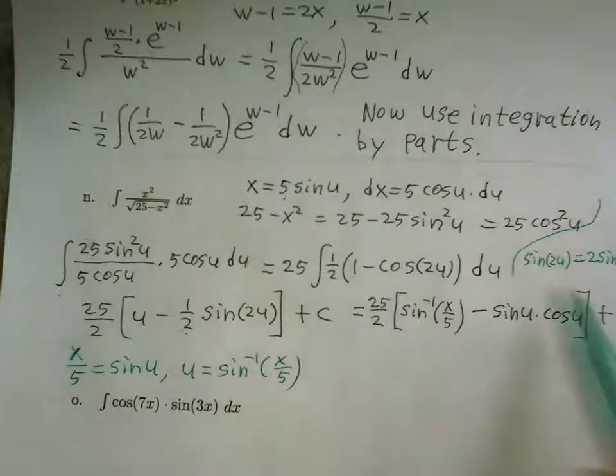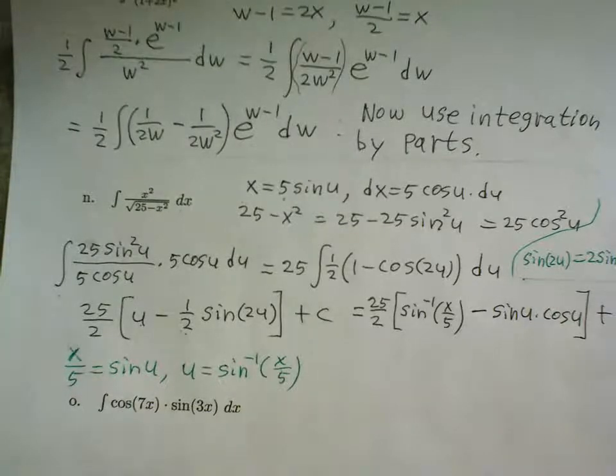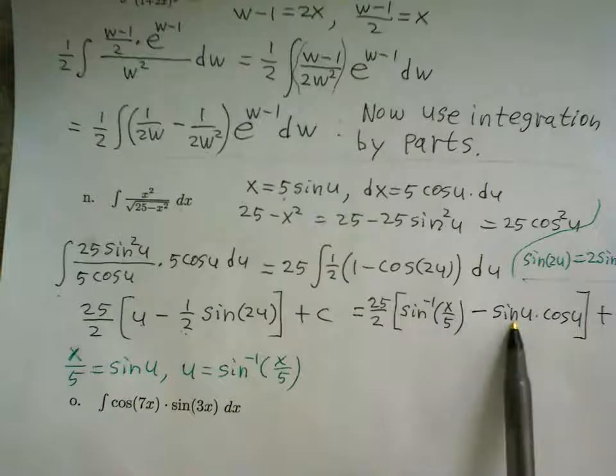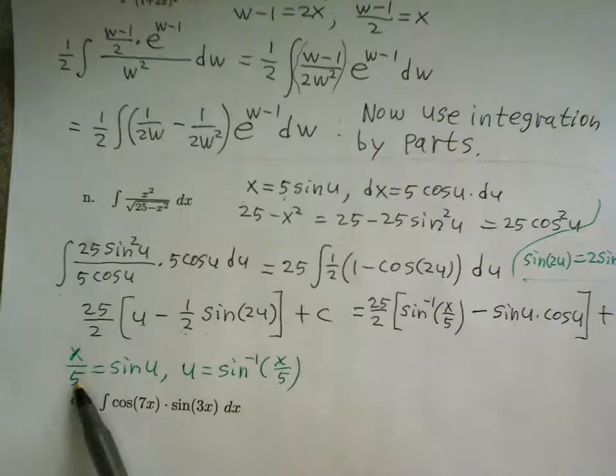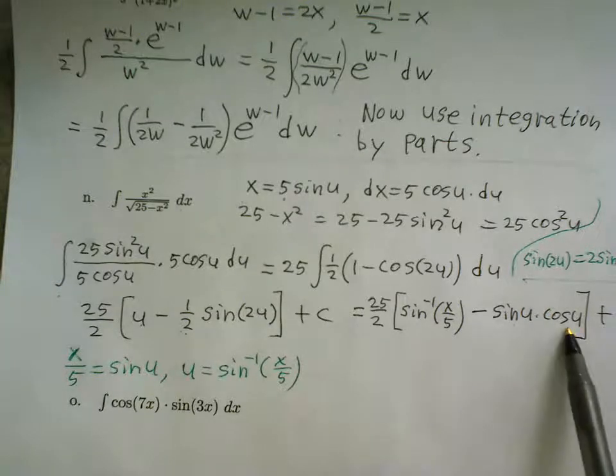That's a very handy identity to remember. Okay, then we need to replace sine of u with x over 5.